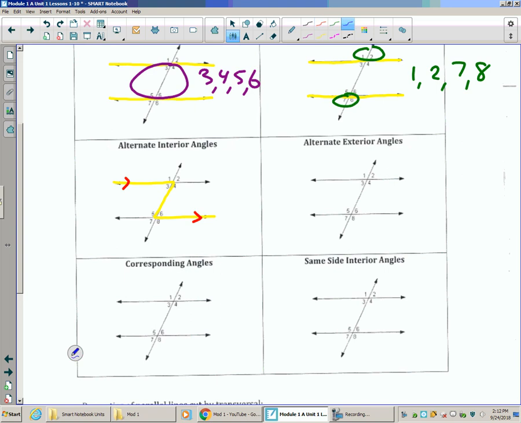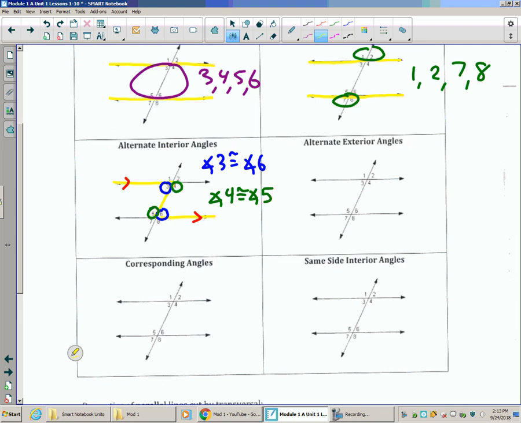But if we do know these lines are parallel, these two angles here, angle 3 and angle 6, are going to be congruent to each other, which means they have the same measurement. The same thing is true about the other pair of alternate interior angles, angle 4 and angle 5. They are also congruent to each other because of alternate interior angles always being congruent.